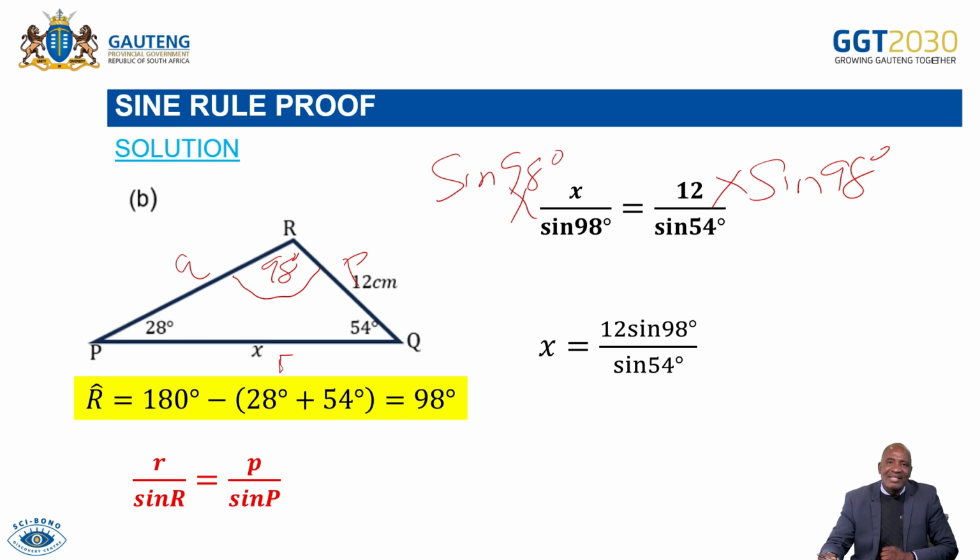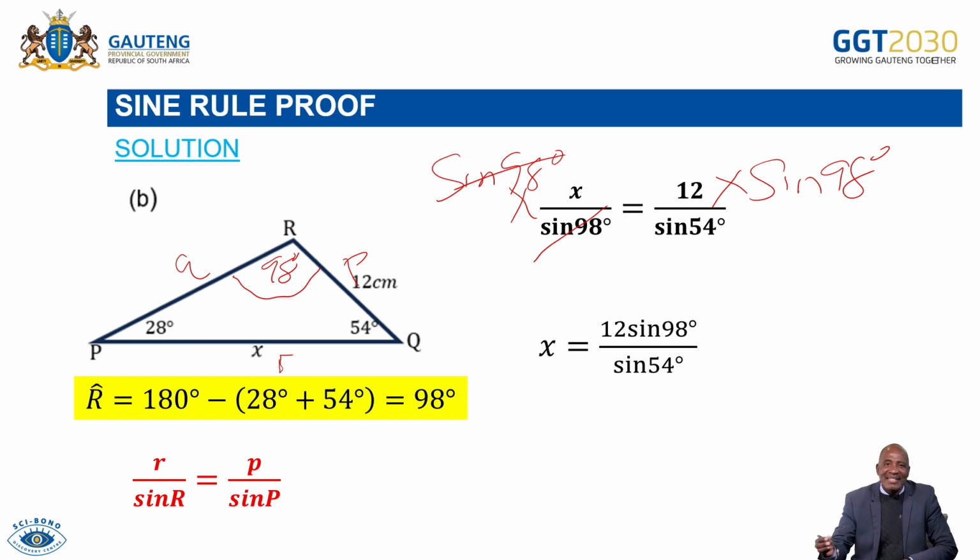What you do on one side should surely be done on the other side, so that these can divide and go. Then you are left with x equals 12 sine 98 degrees divided by sine 54 degrees. Yes, then from there you punch to get the final answer on your calculator.